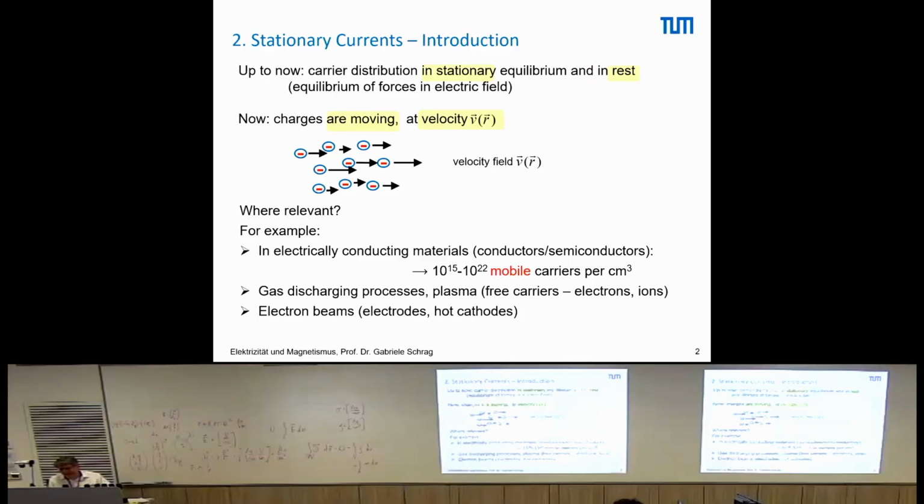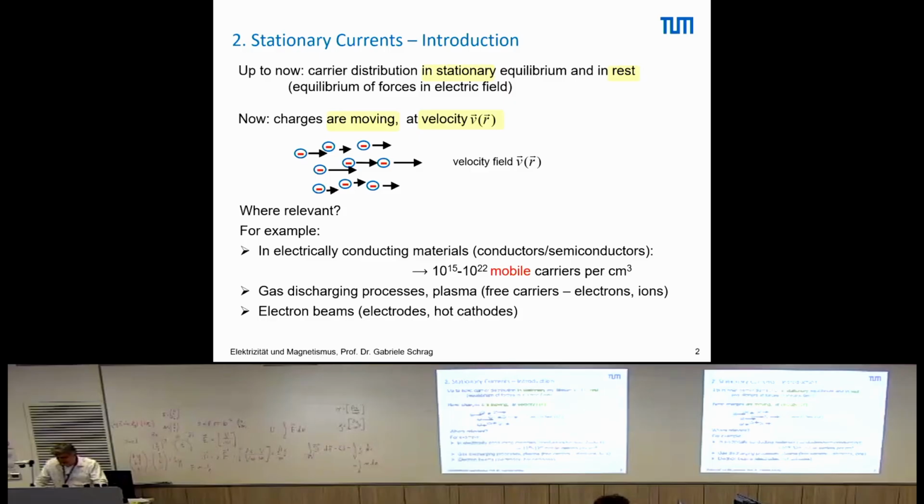If you have a conducting material, you have about 10 to the 15 to 10 to the 22 mobile carriers per cubic centimeter. That is relevant in applications where you're looking at gas discharge processes, or at plasmas, for example a plasma lamp.